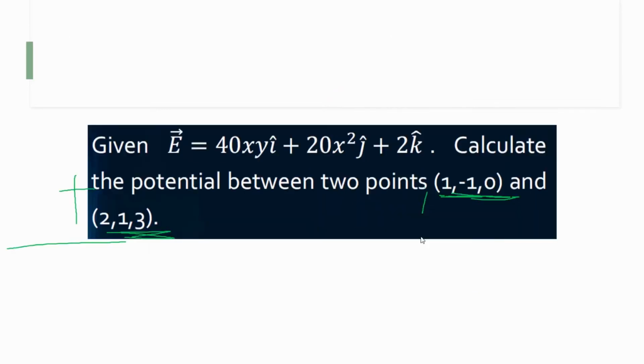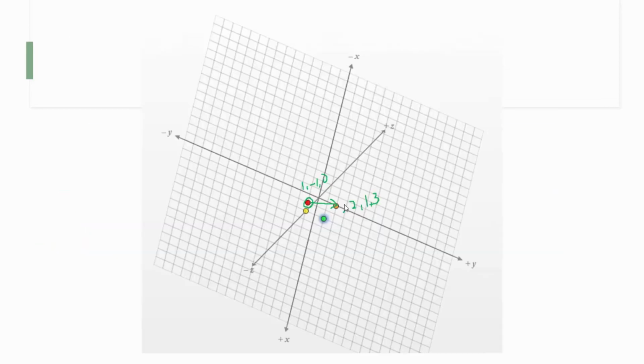ds, the path. So, hindi siya actually nakadepend sa path ng particle mo. Pwede siya mag-move ganyan. Pareho pa rin yung initial at final point niya. Pwede siya mag-move pa ganyan. Pwede siya mag-move straight, ganun.